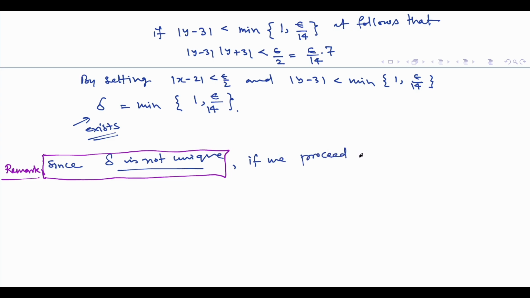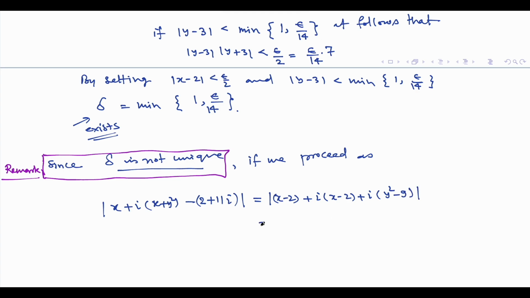if we proceed, as you see, modulus of x plus iy square minus 2 plus 11i, we write it like (x minus 2) plus i times (x minus 2) plus i times (y square minus 9).